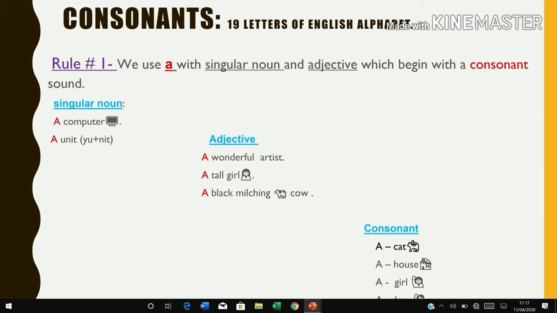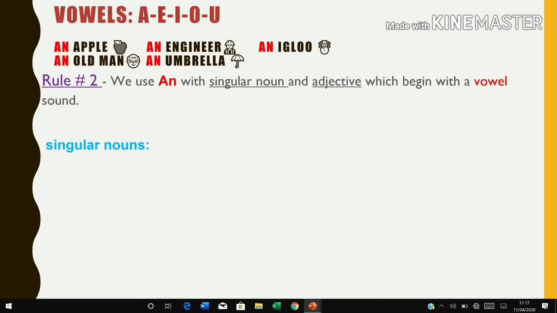So the rule says we have to use a before the singular noun and adjectives which begin with a consonant sound. For example, I have written here a few words which begin with a consonant sound.